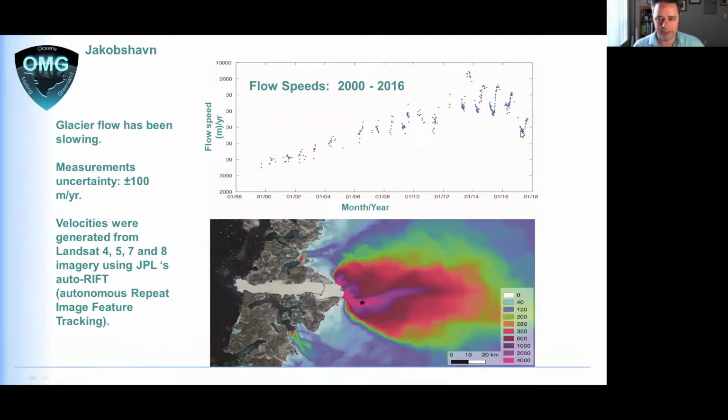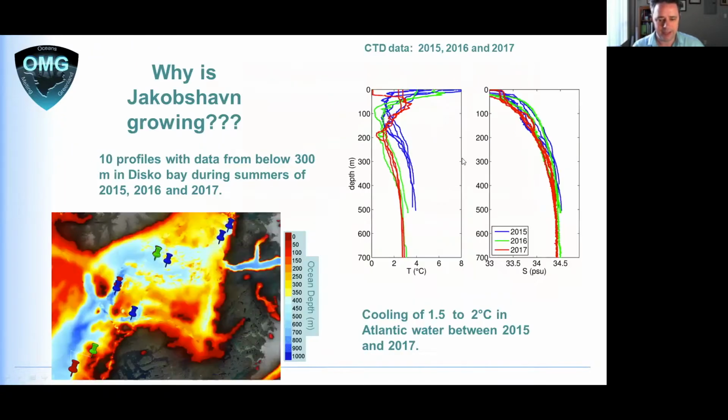It's the first time in 20 years or so that the glacier speed seems to have slowed dramatically from one year to the next. There was a peak in speed in 2014, and then in 2017 the glacier speed slowed rather dramatically.